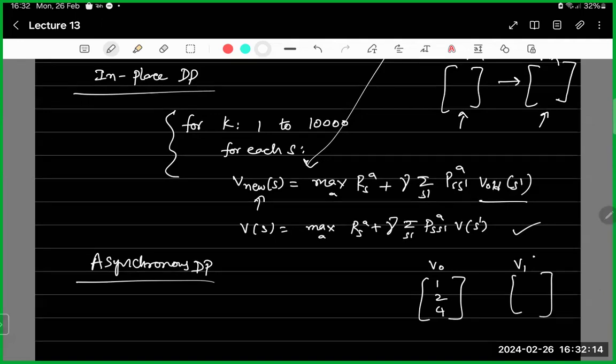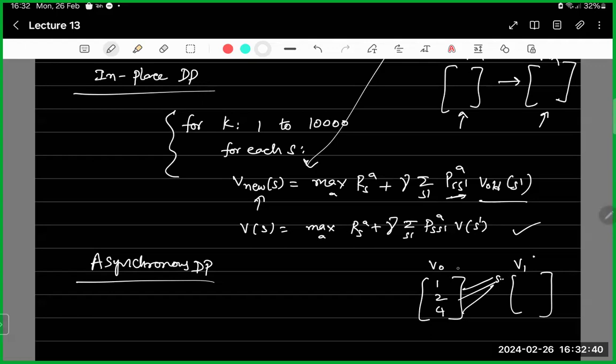Let's say this depends on S to S dash, right? So let's say I'm calculating for s equal to 1. Let's say this is non-zero for all the three cases, like all the three states have some probability of going into S. So then what will my V1 depend on?